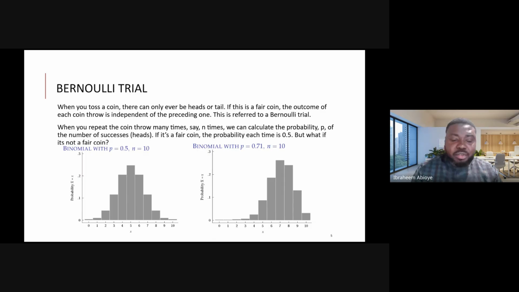If you throw this coin multiple times, say 10 times, sometimes it's heads, sometimes it's not. Based on that, you can draw a normal distribution of the probabilities that you get.